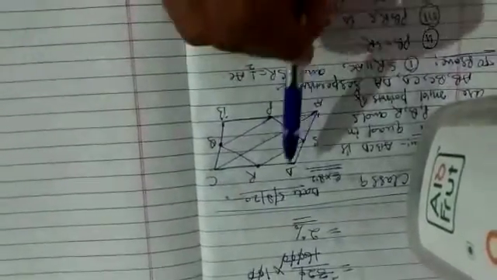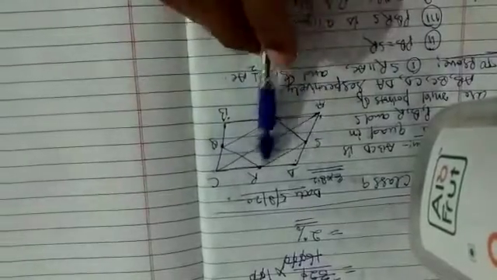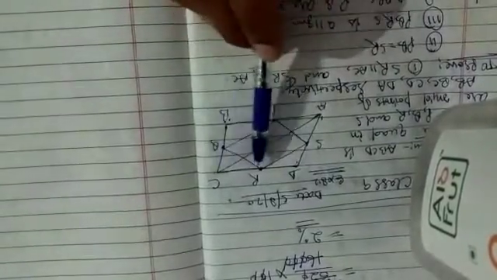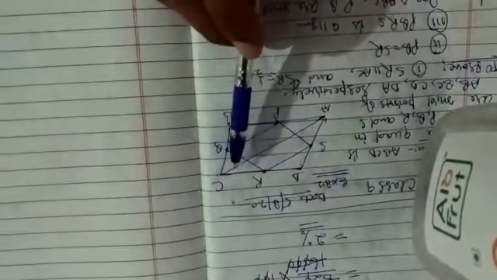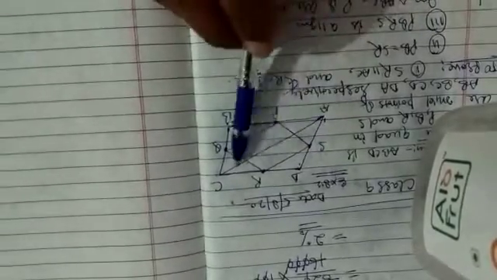Okay, likewise you can write in triangle ADC, S and R are midpoints of AD and DC respectively. Therefore SR is half of AC and SR is parallel to AC. I am writing the same thing which I told you.